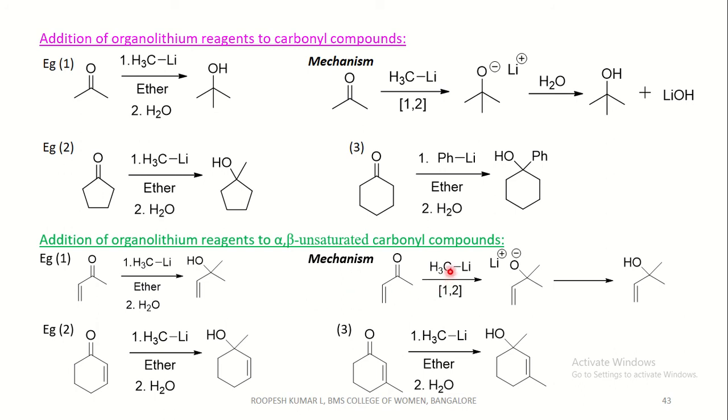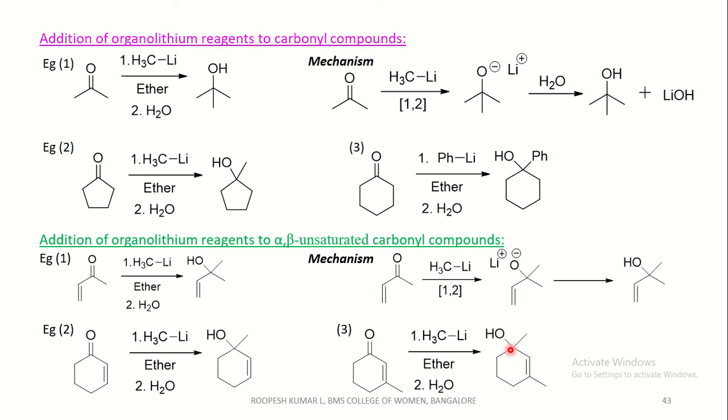This methyl attacks here, this bond shifts to form an O negative, which is a salt. This on quenching with water forms the corresponding alcohol. It is also the same as the first example, where this alpha beta unsaturated ketone gets converted to the corresponding alcohol.